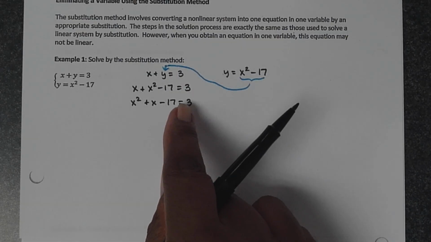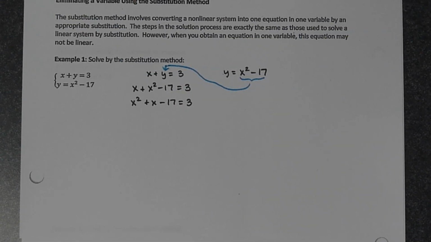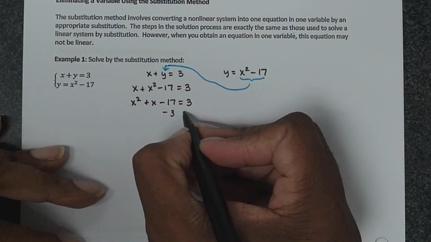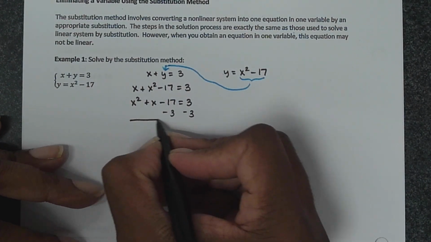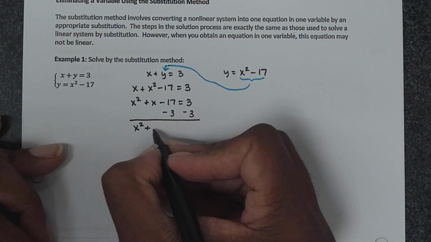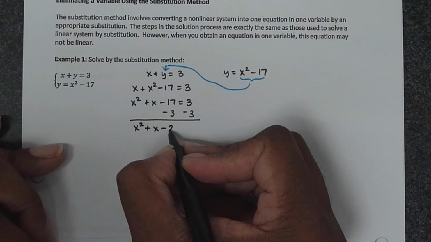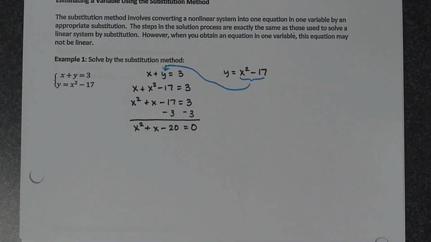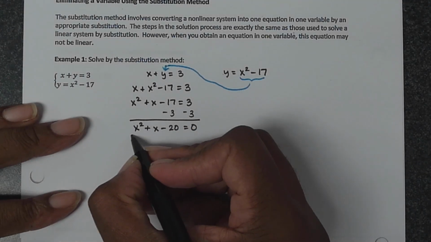That means I need to move that 3 over to where x squared plus x minus 17 is, and I'll do that by subtracting 3 on both sides. So that means x squared plus x minus 20 will be equal to 0. Now that x squared plus x minus 20, I can factor that into two binomials here.